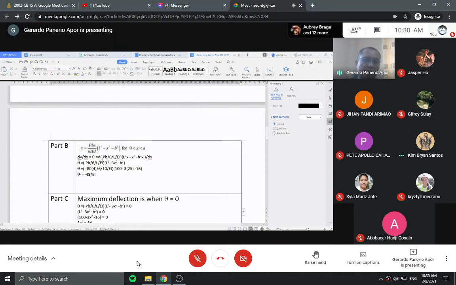And if you substitute the value of x in the slope equation, that will be the slope at x equals 5, which means that it's negative 48 pi.